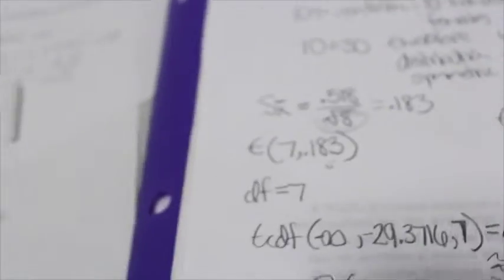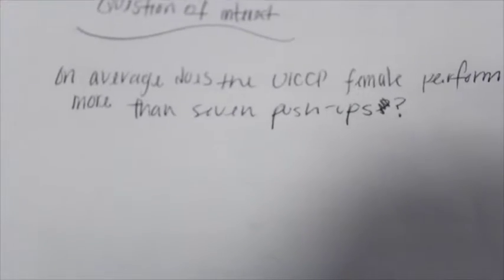Okay, and to conclude properly, we want to figure out, do the results of the confidence interval and the significance test match? We would have to go back to our question of interest, which was, on average, does the UICCP female perform more than 7 push-ups? With our confidence interval, we saw that the true mean of push-ups that a UICCP female can perform is between 1.923 and 2.057 push-ups.